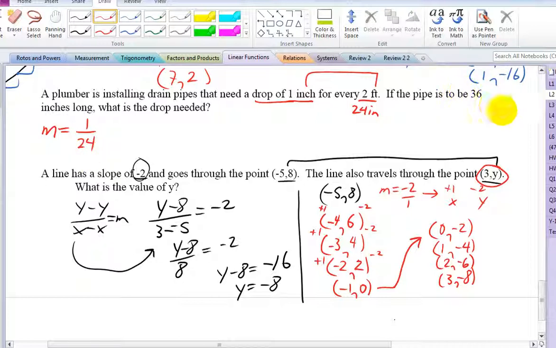So now the pipe has to be 36 inches long. So here's your pipe. It's got to be 36. And somehow you got to have a slope of 1 over 24.